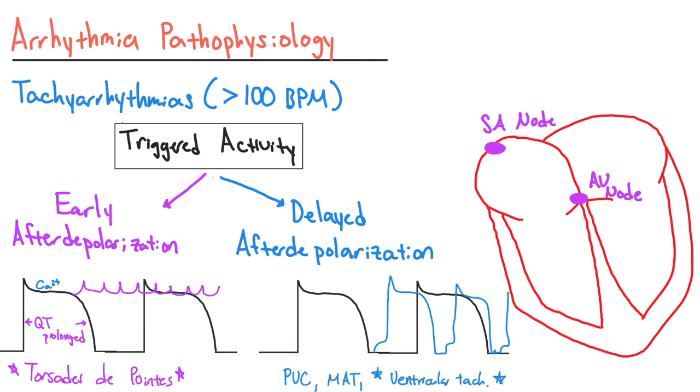For example, they happen a little bit later than the early after depolarizations, but they're still, as we see here, earlier than the normal next action potential would be. This is a synopsis of the overall pathophysiology of triggered activity.